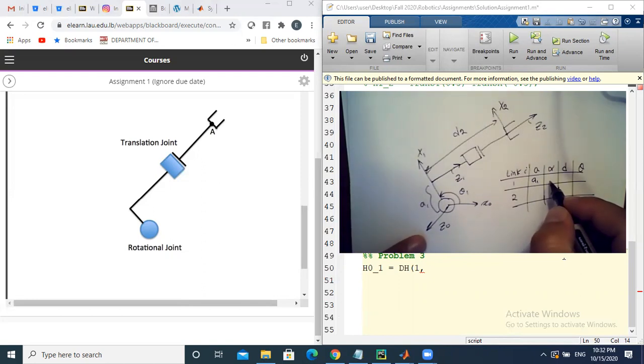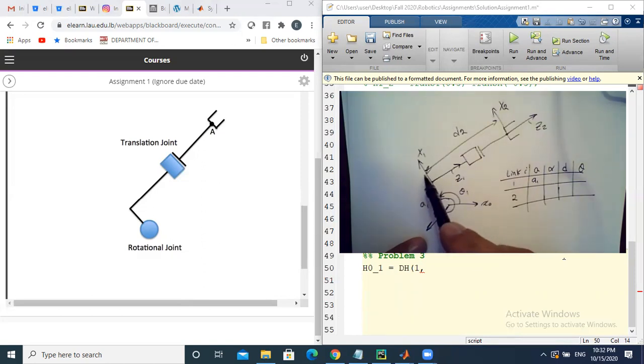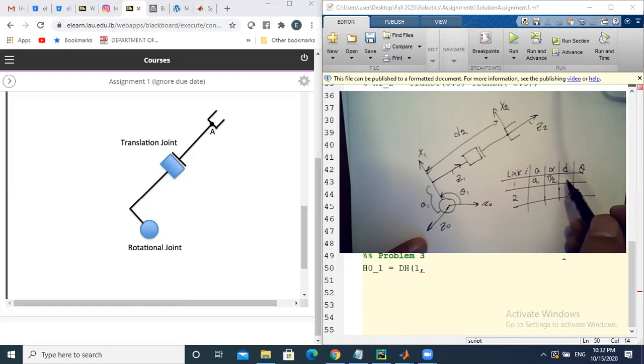Alpha is the angle between the z-axes about x1. That is the reason why x1 has to be perpendicular to z1 and also cross z0. So what is the angle between z0 and z1 about x1? It's pi over 2. And d is the offset between the x-axes, which is 0 in this case, and theta is theta 1.